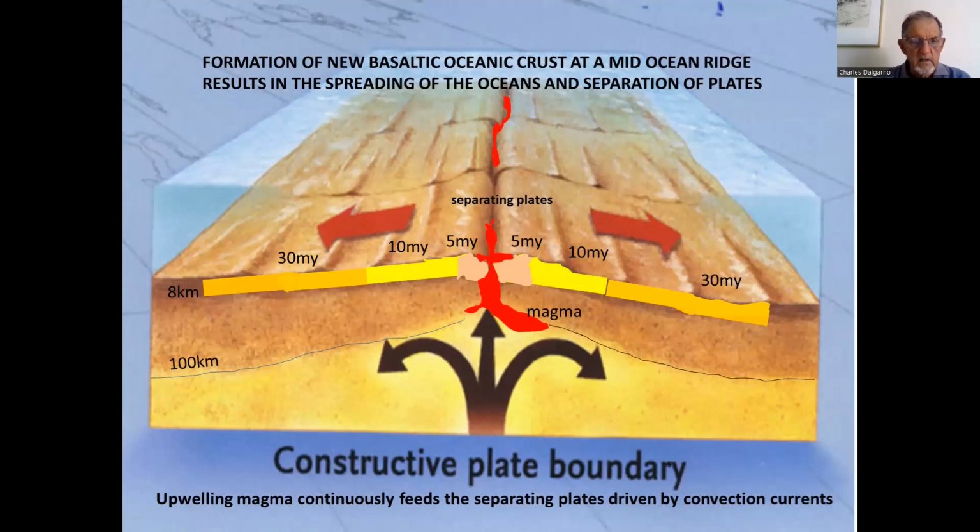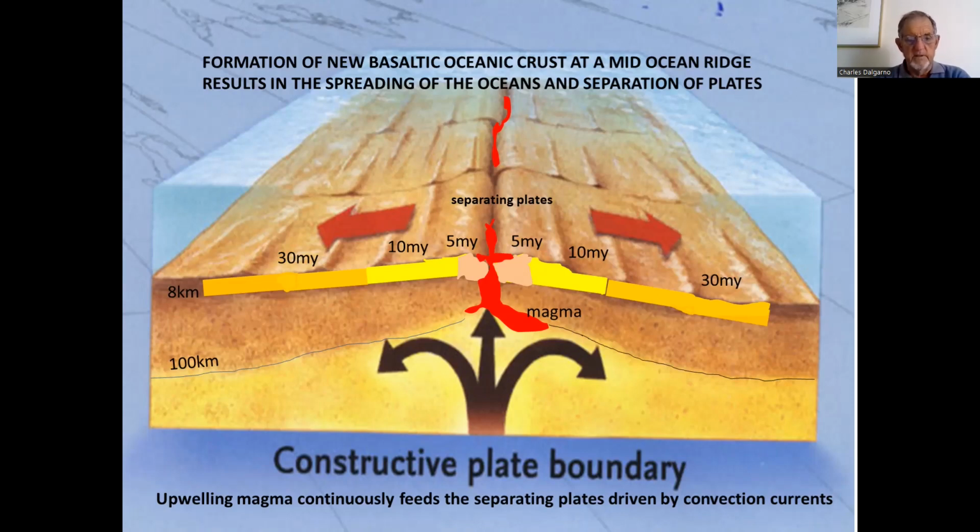Tried to indicate here in the edge-on section some of those colours that indicate 10 million years, the yellows, and getting to oranges at 30 million years. Oceanic crust in both cases here being 8 kilometres or so thick, and the plates themselves about 100 kilometres thick, at which depth you had the magma developed and its intrusion into the mid-ocean rift where the plates are separating.